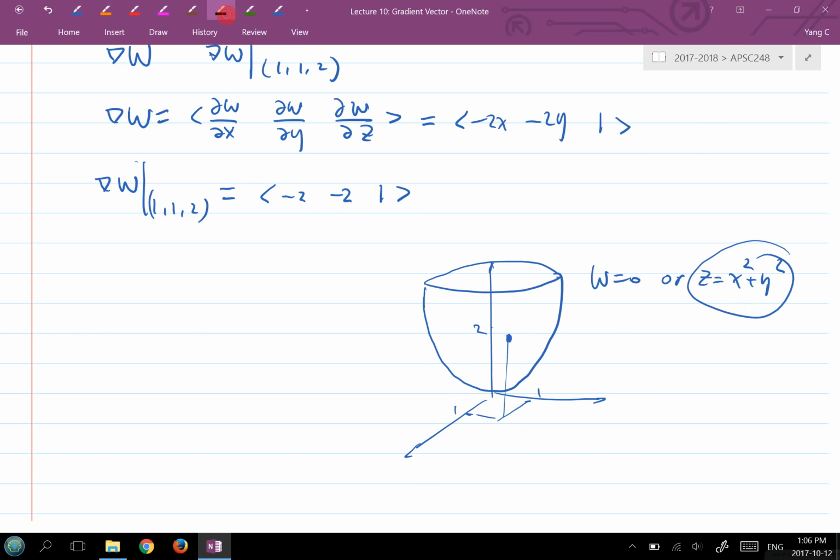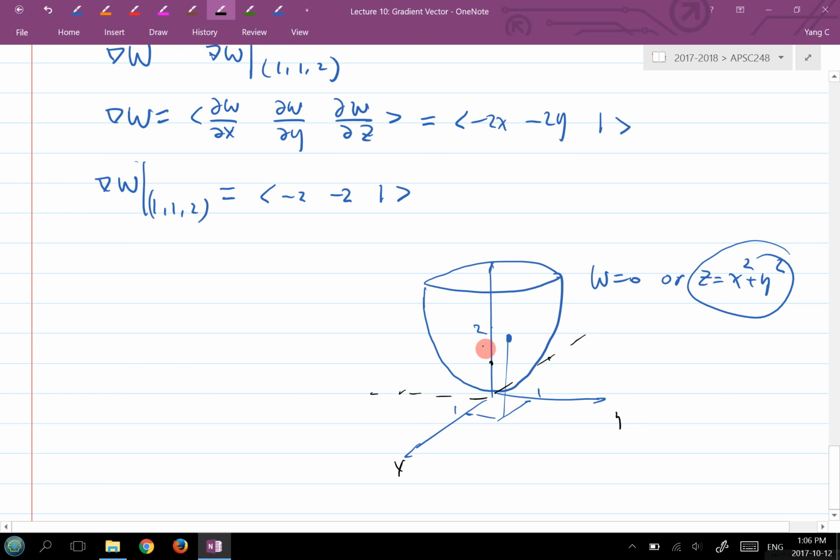If it's not so obvious, maybe you can sketch negative 2, negative 2, 1 first, and then move that parallelly to the point 1, 1, 2. So x is negative 2, y is negative 2, z is 1. This is x, this is y.